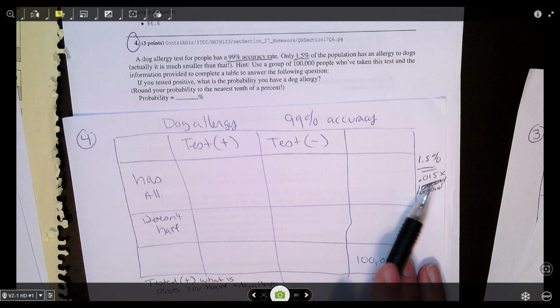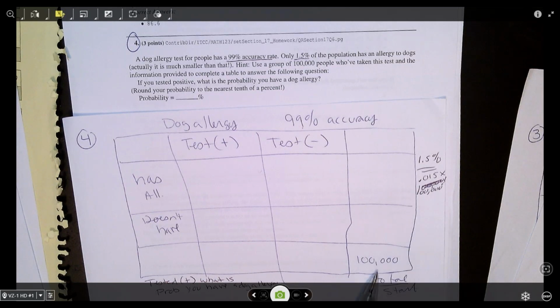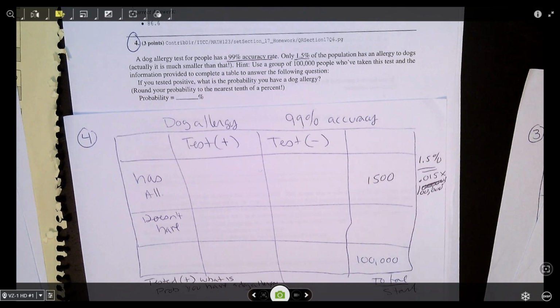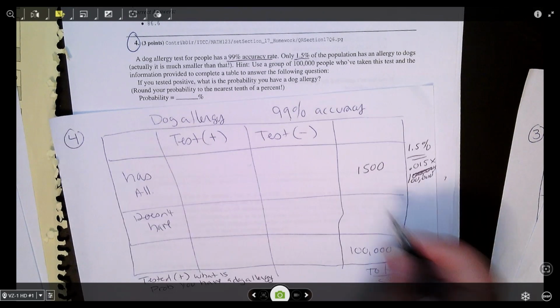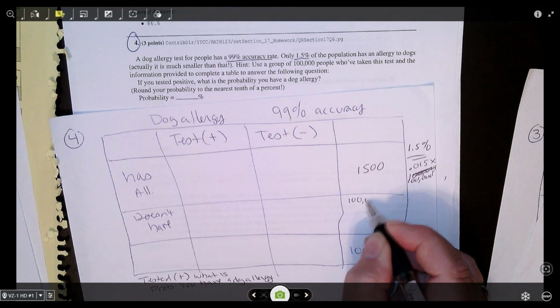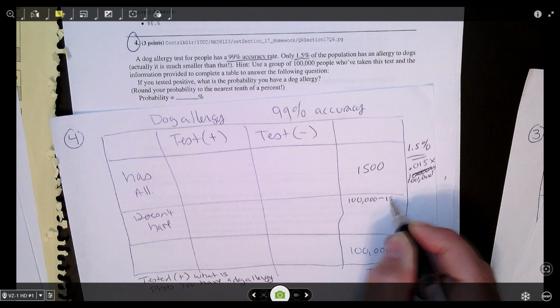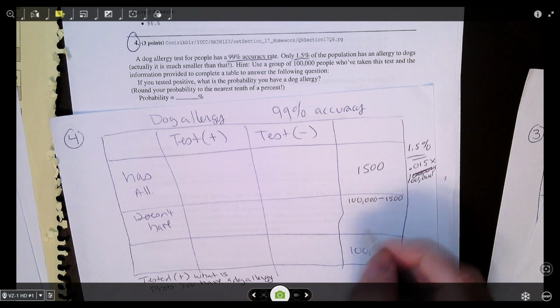So 0.015 times 100,000 would give us 1,500 actually have it. Okay, Crystal's got that part. Now, then we find out how many don't have it. We just do our subtraction. 100,000 minus 1,500. We get 98,500.